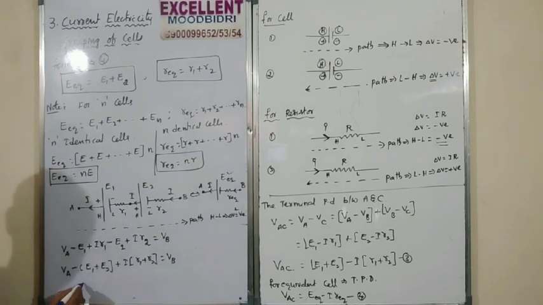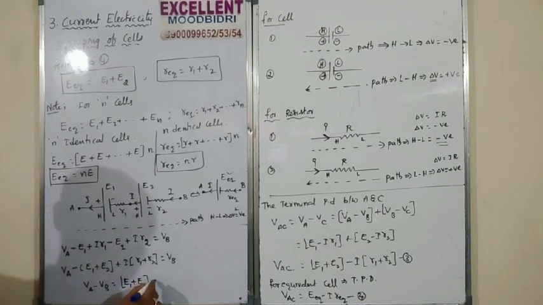Now take this to this side: VA minus VB is equal to E1 plus E2 minus I into R1 plus R2. Finish. How many steps? Only 3 steps.